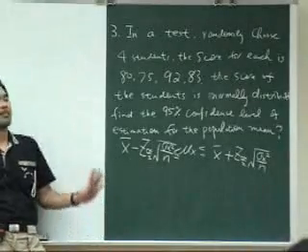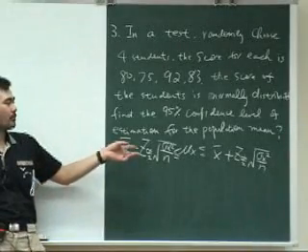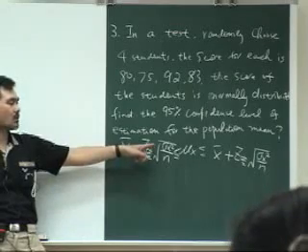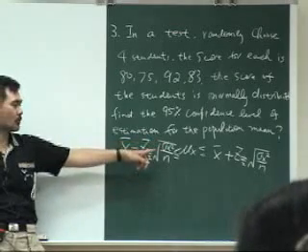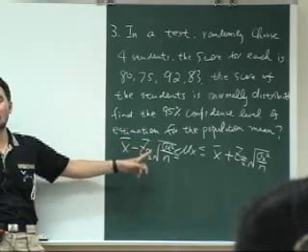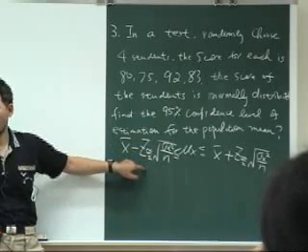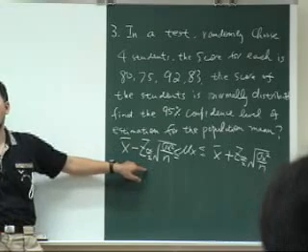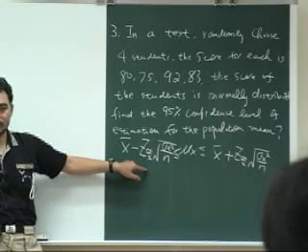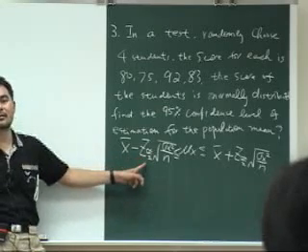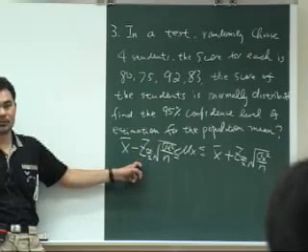Remember, when you know sigma x square, or when the sample size is very large, larger than 30, then you use the normal distribution.